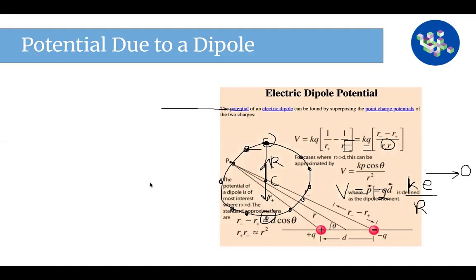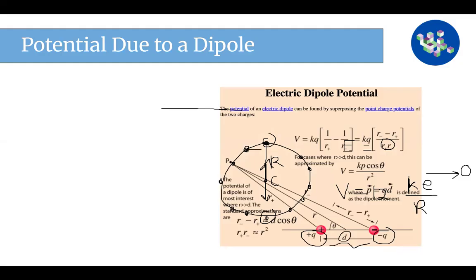So we can find the potential due to a dipole. Again, a dipole is when you have a positive charge and a negative charge with a distance d between them.